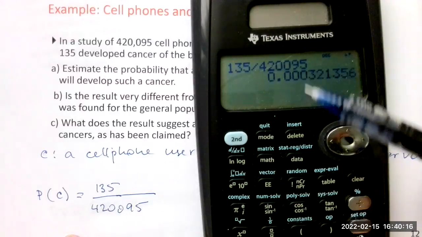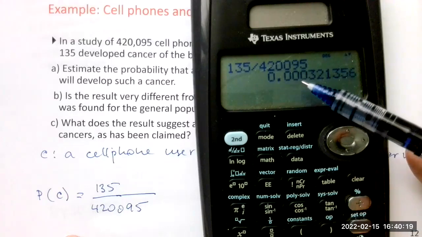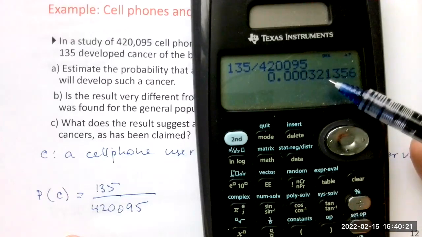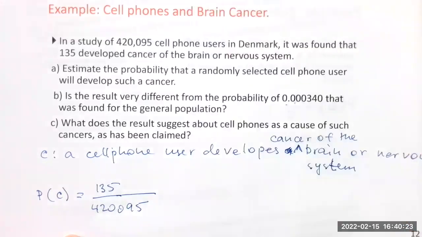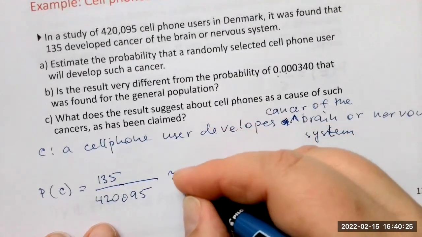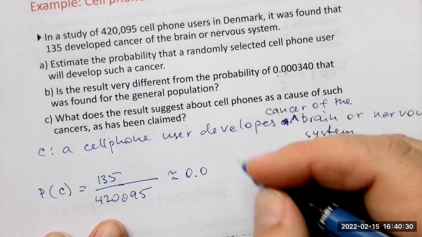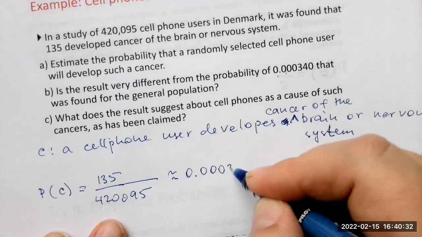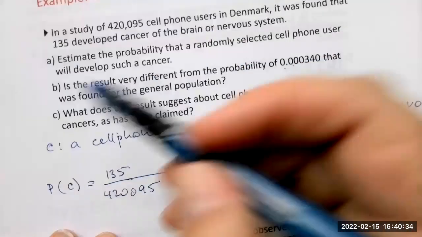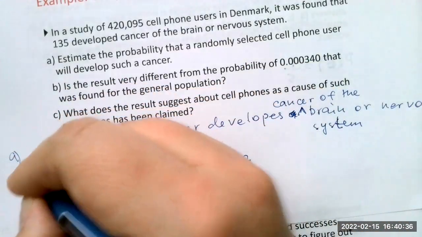And that probability comes down to 0.000321356. So I'm going to round it to 5 decimals. So that's the answer to question A.